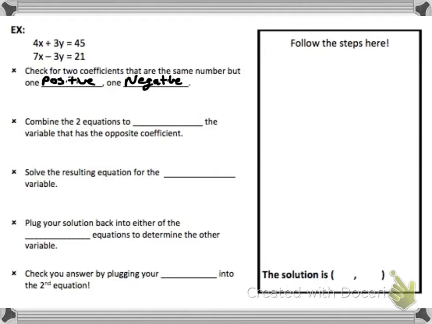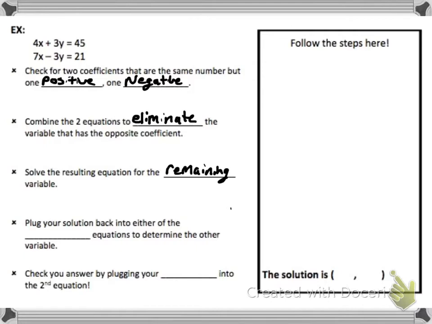I'm going to combine the two equations to eliminate the variable that has the opposite coefficient, and then solve the resulting equation for the remaining variable. Let's actually go and work this problem.